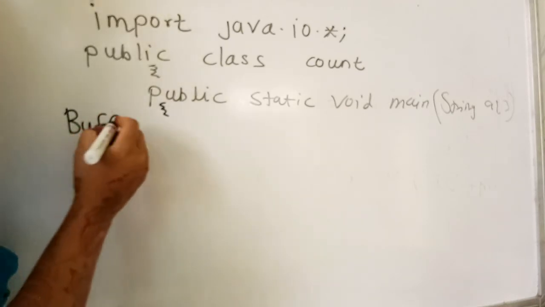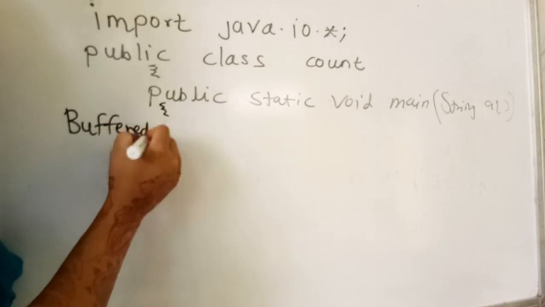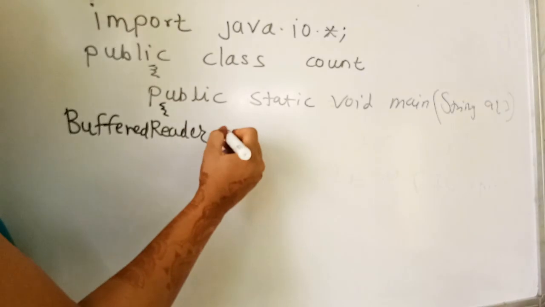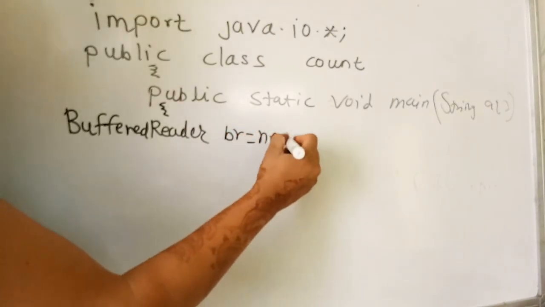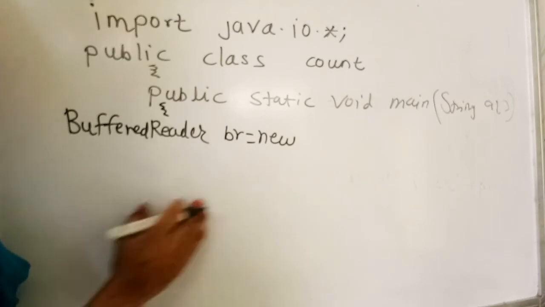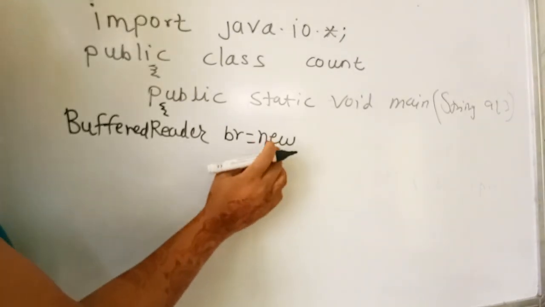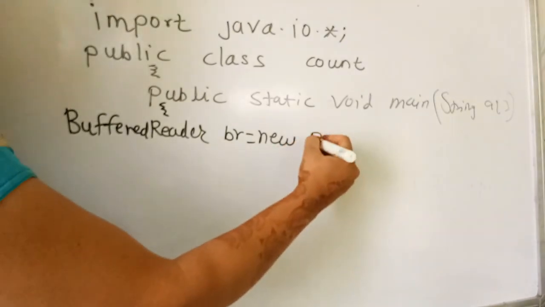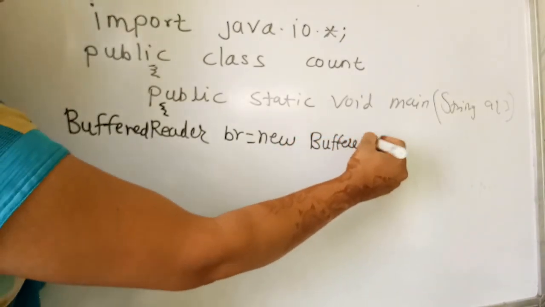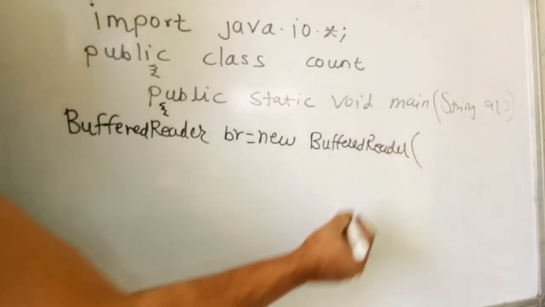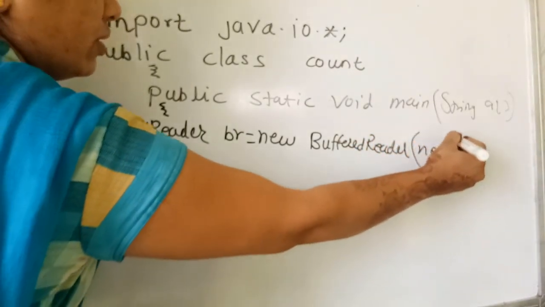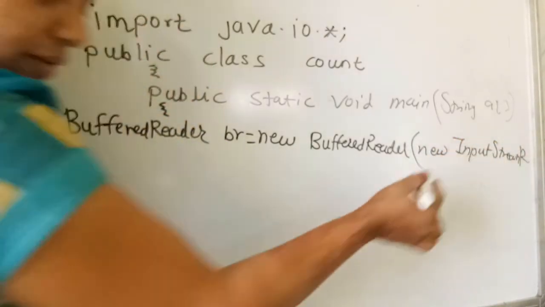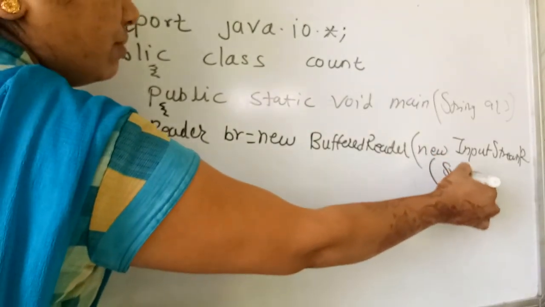BufferedReader. You have to take R and B capital. Create one object br = new. We all know that for creating an instance of an object, we use new and the constructor in front of it. So new BufferedReader in brackets new InputStreamReader, and in brackets System.in.